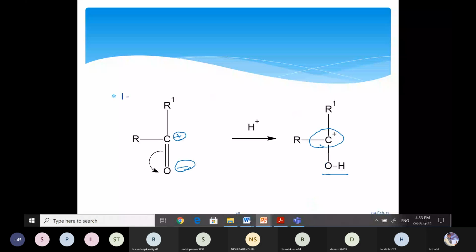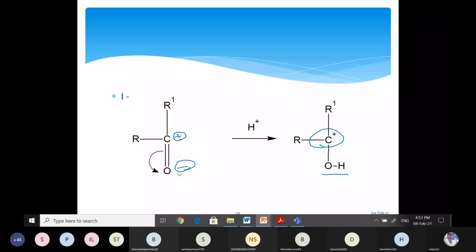As we have discussed the characteristics of this reaction, this reaction is useful for ketones also. If you have a ketone, then as per the characteristic of the carbonyl group, we can observe the mesomeric effect, and due to the mesomeric effect, this oxygen will pull electron.